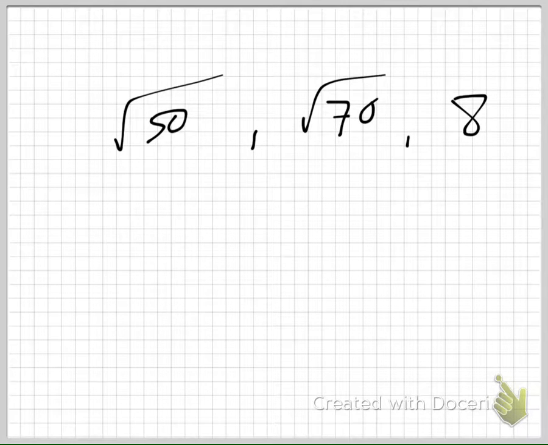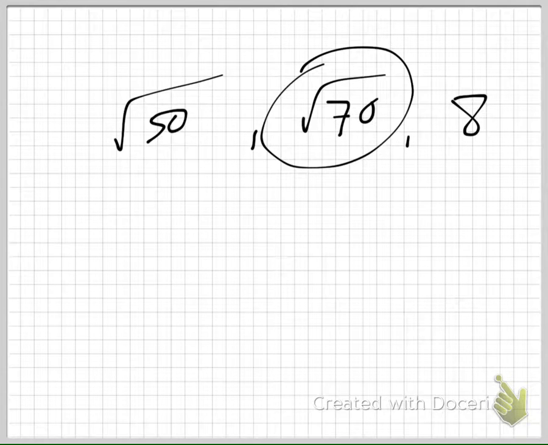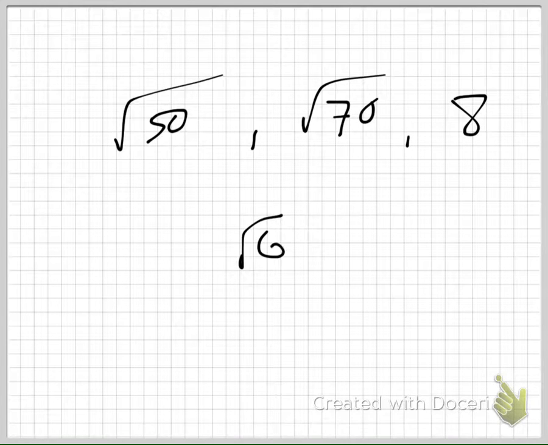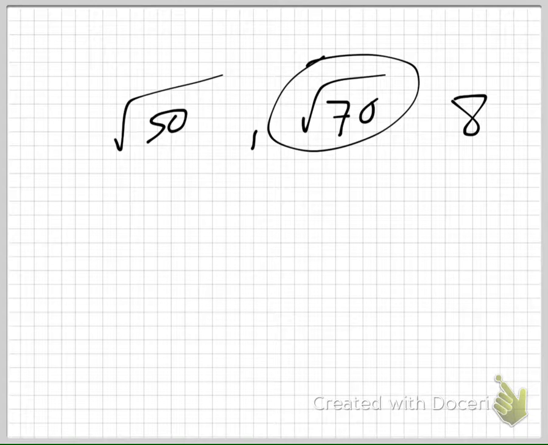What about the square root of 70? What do we know it's bigger than? What is the square root of 64? 8. So we know the square root of 70 is bigger than 8.